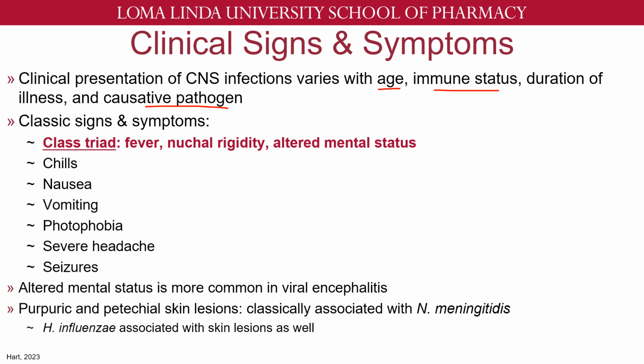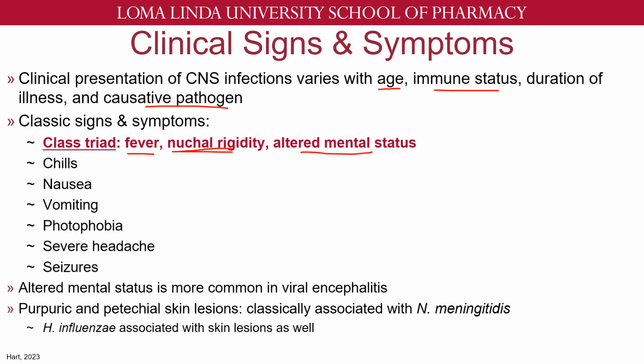We have this classic triad of meningitis symptoms, which includes fever, nuchal rigidity, which is basically neck stiffness, as well as altered mental status. Now, in clinical practice, a lot of times you might see a patient who has nuchal rigidity, neck stiffness. I mean, I get nuchal rigidity when I get out of bed.